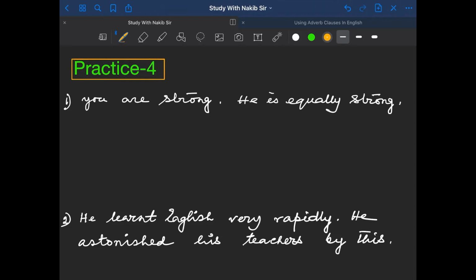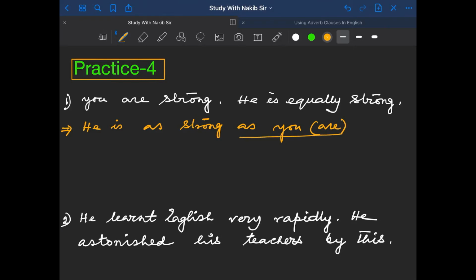Now check your answer with my answer. Answer to the first question, you are strong, he is equally strong. That means he is as strong as you. You means you are.